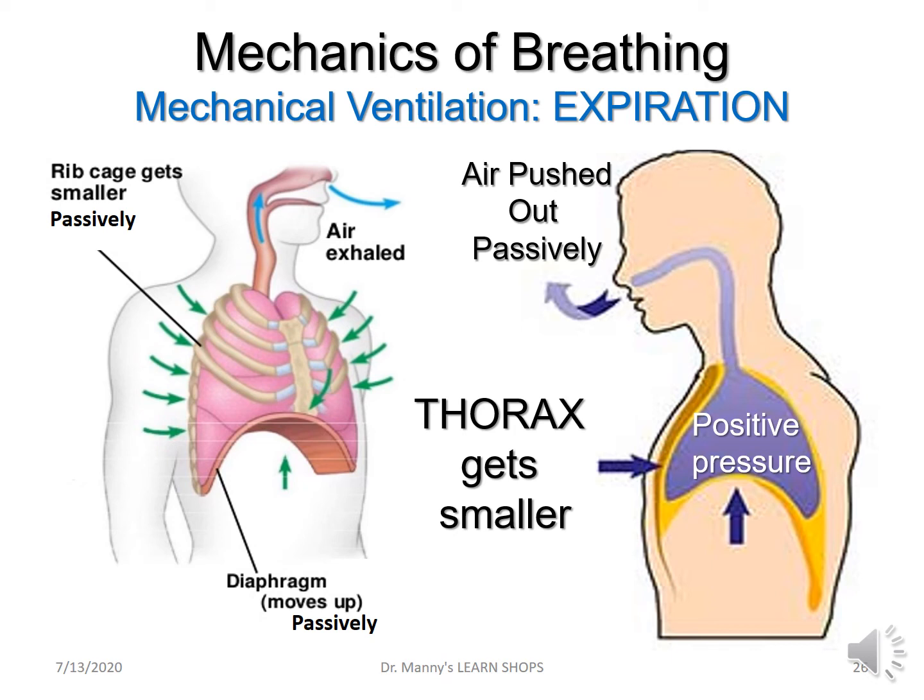Identical to what happens with normal spontaneous breathing. But time has to be allowed for expiration, which is why the machine will not breathe in again for the patient until they've exhaled. I:E ratio 1:2.